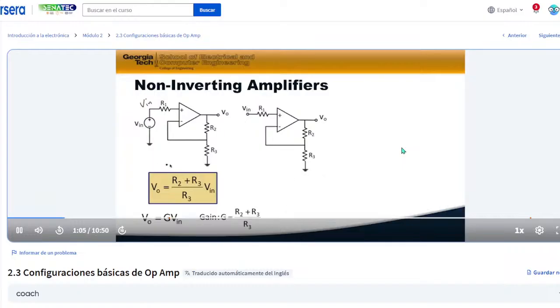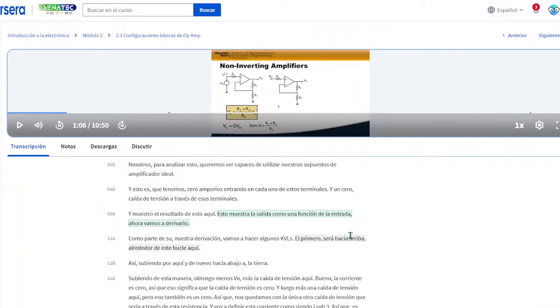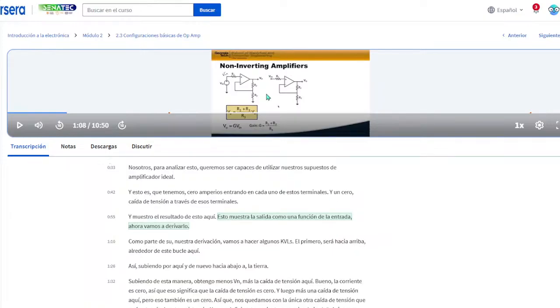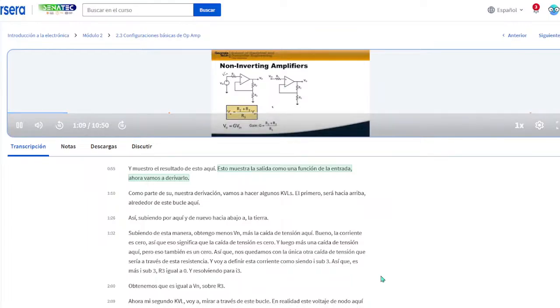Again, both of these are equivalent configurations, and the analysis is the same.